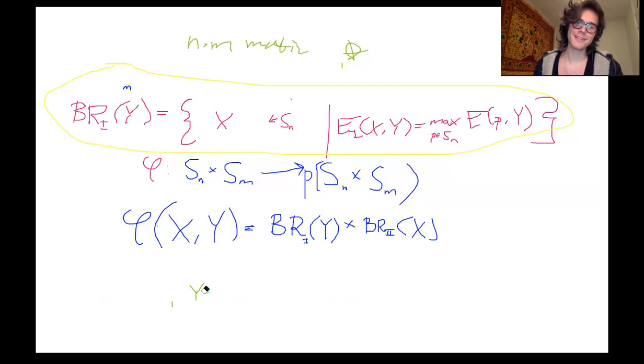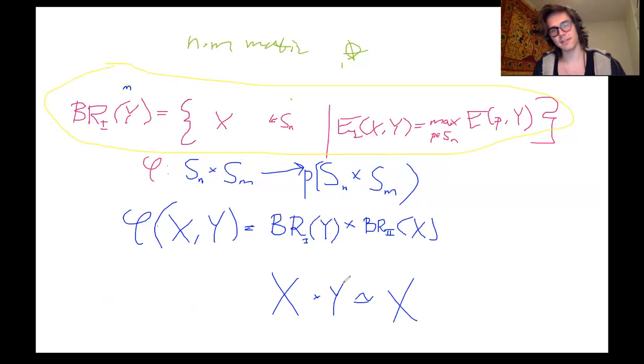Like if I save myself here from this terrible mistake that I made, it's actually the case that for a particular y, the space of x's crossed with a y is going to be isomorphic to the space of x, because y is going to be a particular point that is just added, and it doesn't give us any extra information.